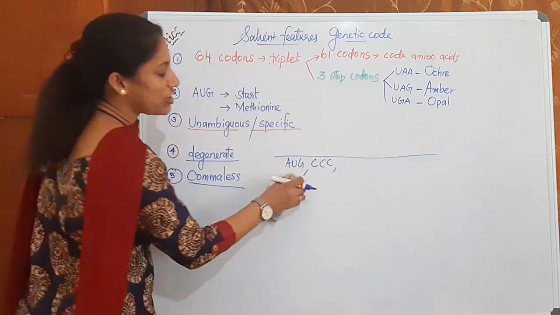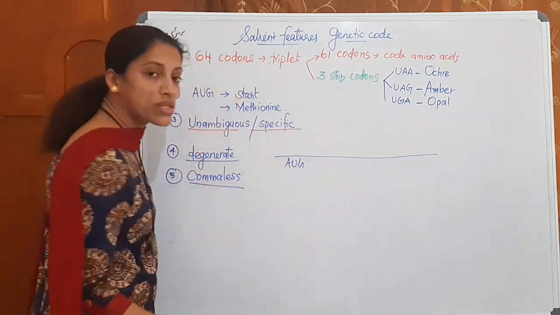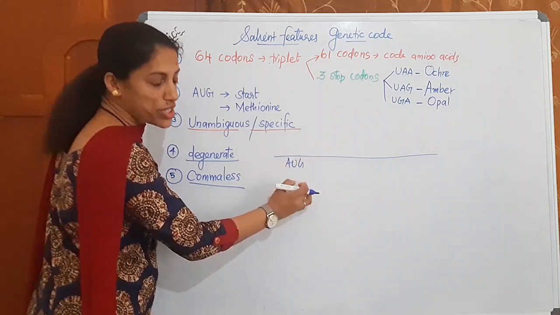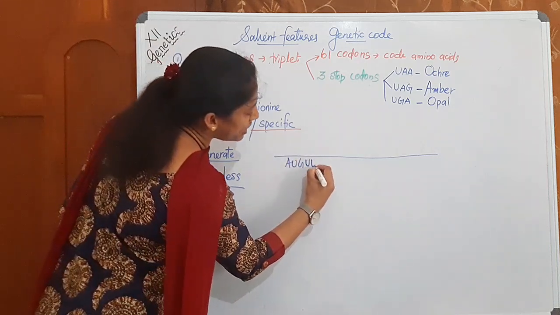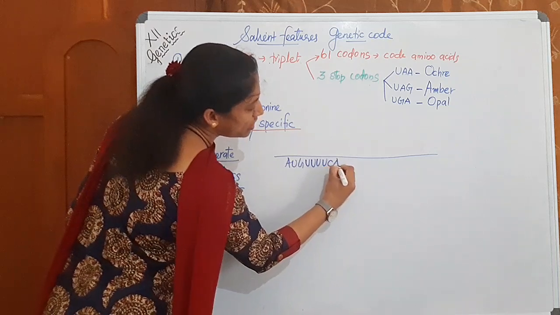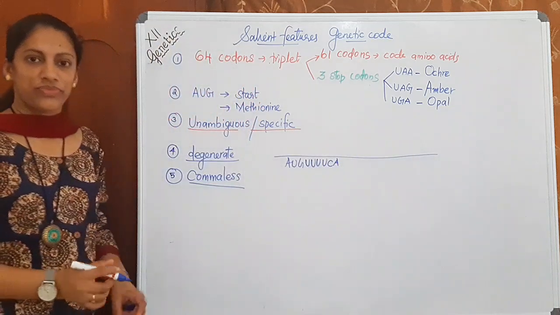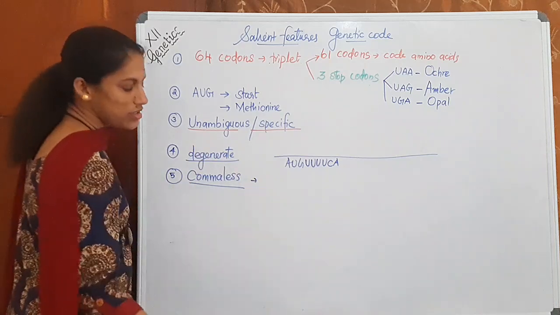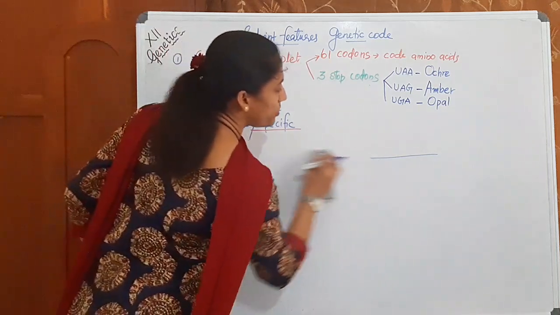I mean, it is contiguous or continuously arranged. After one triplet, there is no break, no punctuation. It is continuously read on the RNA template. There is no punctuation in between. That is what this property means. What it means?